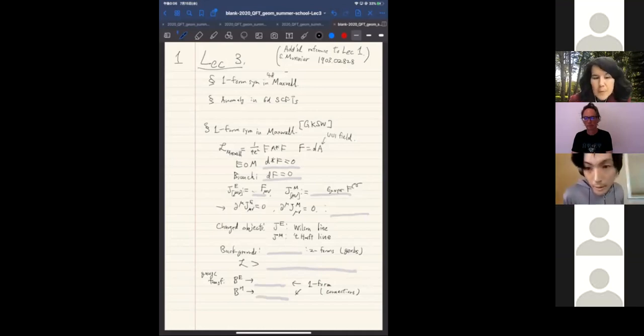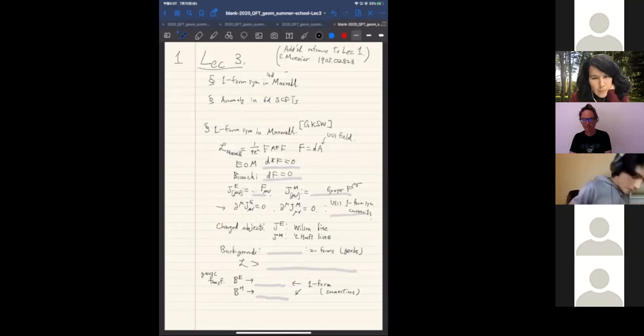Such a phenomenon is dubbed U(1) one-form symmetry. These are supposed to be some generalization of symmetry. So we want to find some charged objects, and those charged objects are the Wilson line and the 't Hooft line.